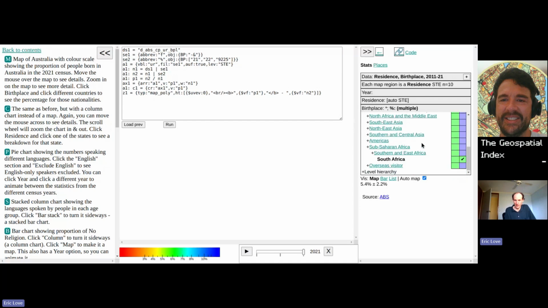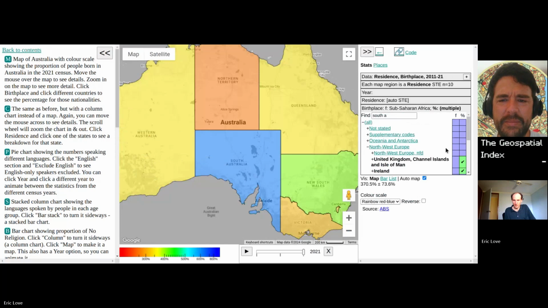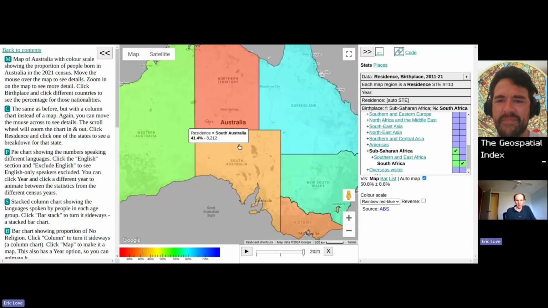I might want to ask what percentage of the people from sub-Saharan Africa are from South Africa. So that filters there, and then the map will look a whole lot different. So what is that doing exactly with people from sub-Saharan? Right, so now we've filtered it.